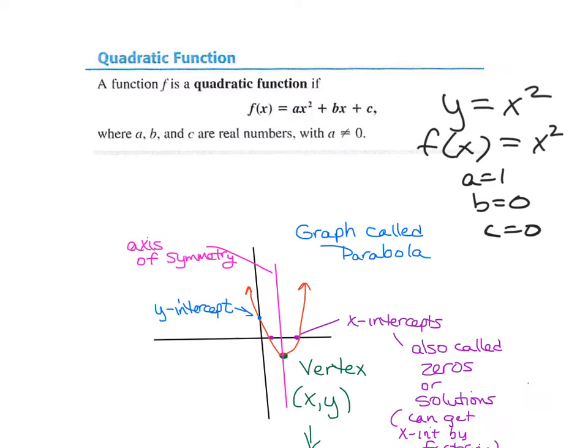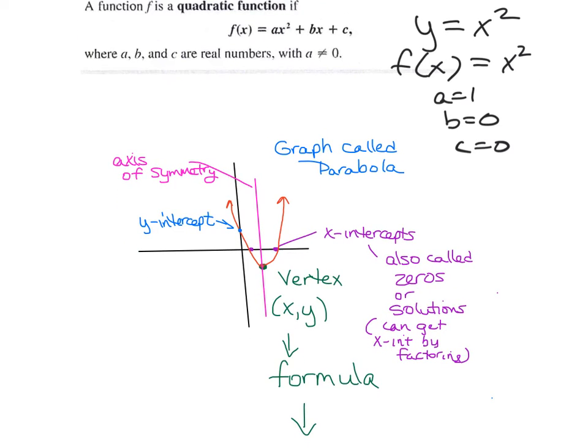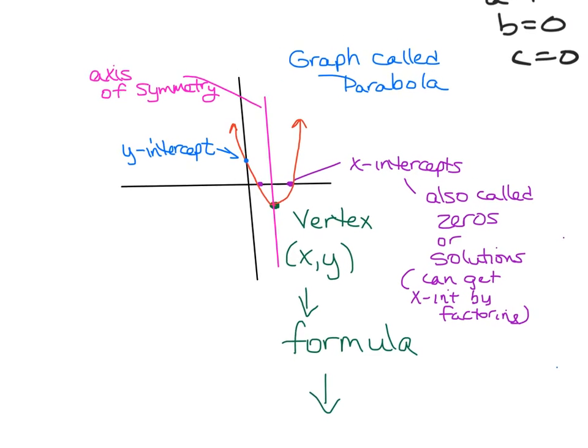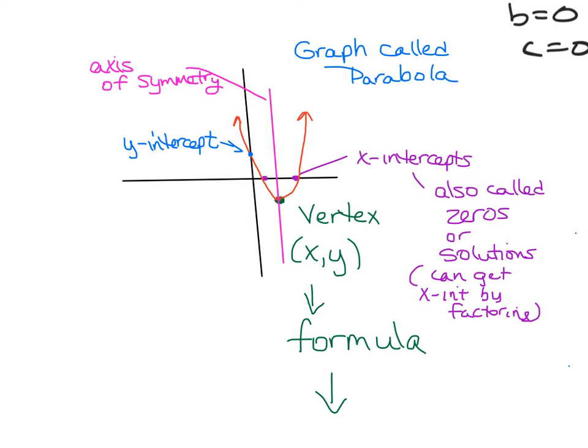Now, when we go ahead and graph our quadratic function, the graph of a quadratic function is called a parabola. And we're going to see different parts of our graph here. The point where the graph crosses the y-axis is called your y-intercept. We would find that by plugging in x equals 0.